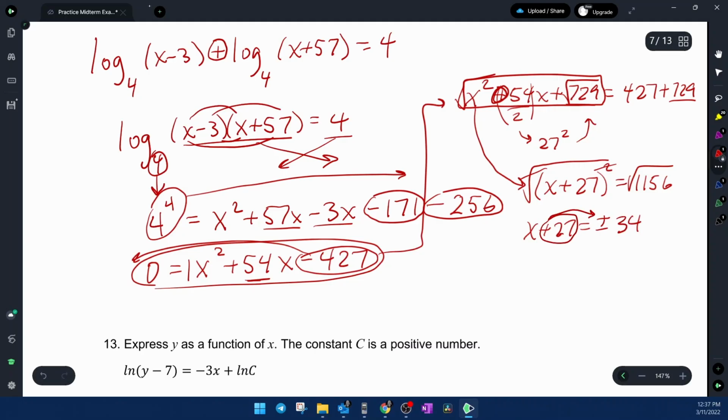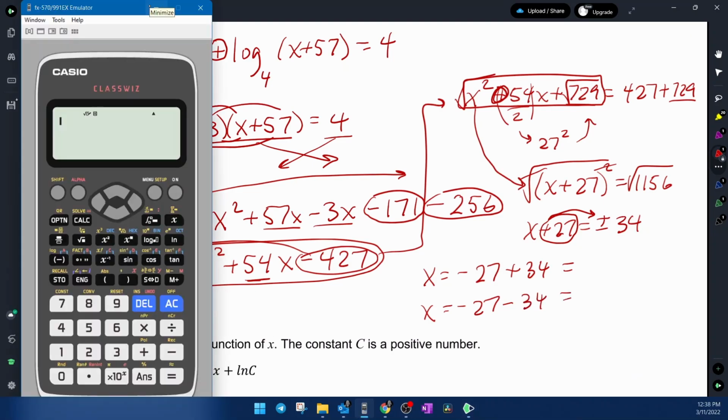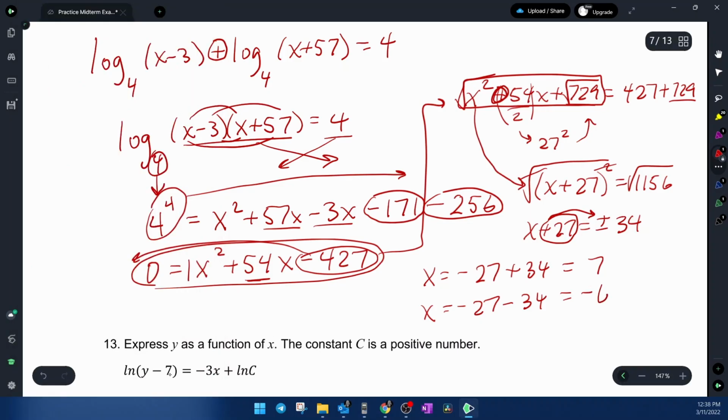Moving the 27 over is going to give me x equals negative 27 plus 34, and x equals negative 27 minus 34. We're going to get two answers. Negative 27 plus 34 gives me an x value of 7, and negative 27 minus 34 is negative 61. And I believe that the negative 61 is not going to be a valid solution. We need to check that.